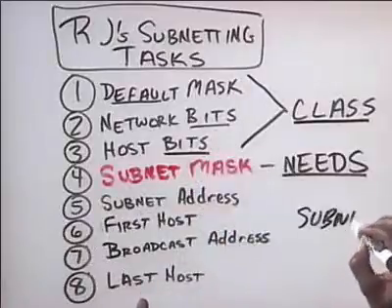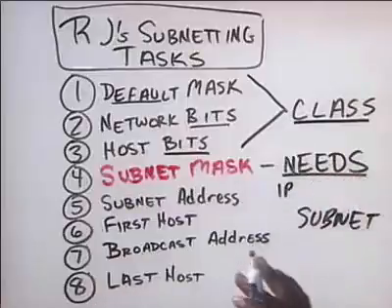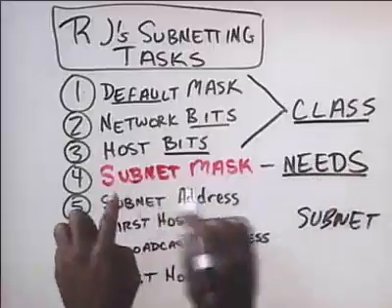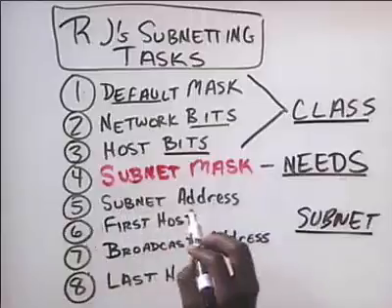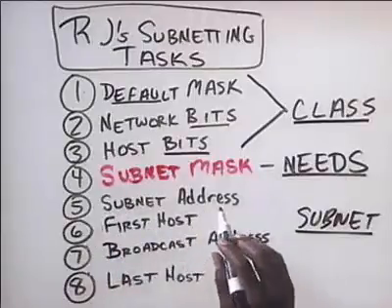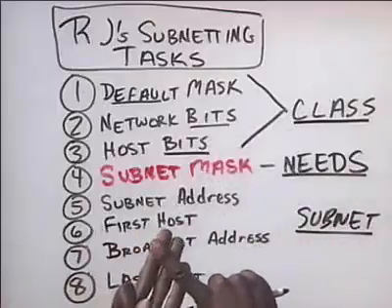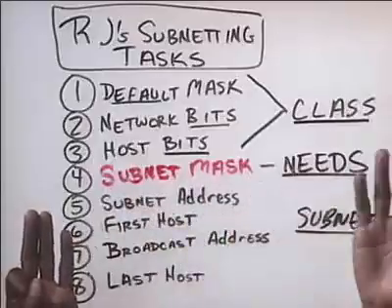They say, well, what's the subnet? You know, there's an IP address and then there's the subnet. No, the reality is the subnet mask is different from the subnet. The subnet is synonymous with the subnet address, and sometimes this is also referred to as the subnet number. So subnet, subnet address, subnet number, all the same thing, whereas the subnet mask is a totally different item.